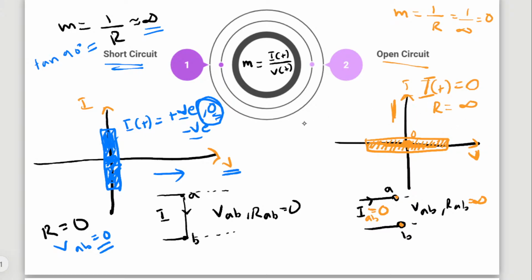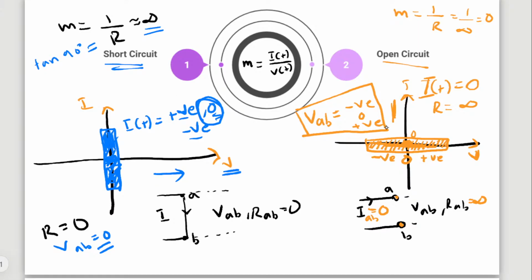Then what is the value of VAB in case of an open circuit? VAB can be negative here, 0 here, positive here. So VAB can be either negative, 0 or positive. So this is very important. VAB can be any value, minus value, plus value or 0.